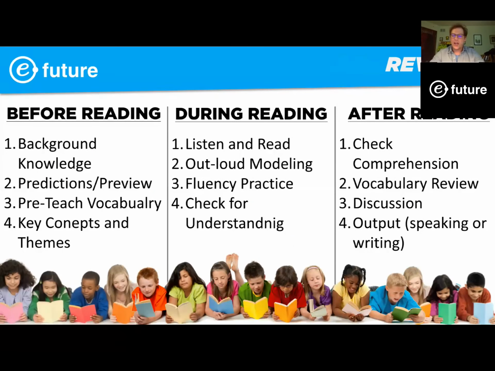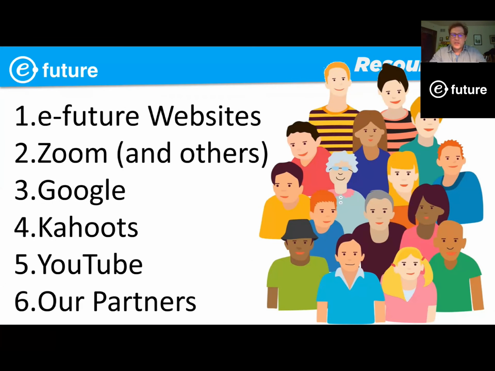I know that kind of got quick at the end. Let me just wrap this up. We're almost done. When you're making a lesson, think about before, during, and after. Get your kids ready, get them comfortable, get them practicing and familiar, and then make sure they understood it. Check the comprehension. Your resources: our eFuture websites, Zoom, Google, Kahoots, YouTube, our partners.